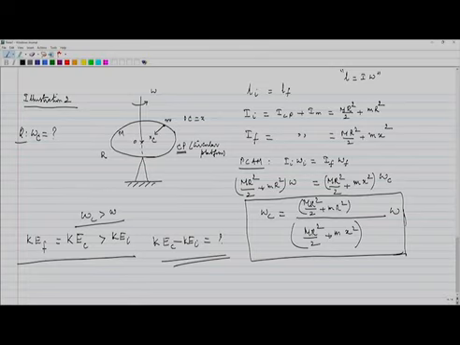Therefore, we can calculate the final kinetic energy and the difference. Actually, this work done as the body moves along is transferred to the internal energy of the system. Right. Now we will move on to the next topic.